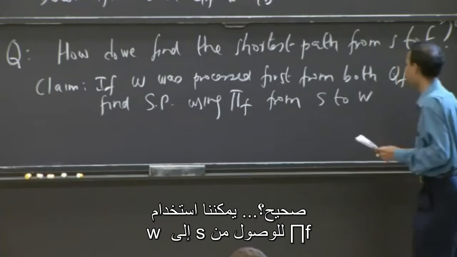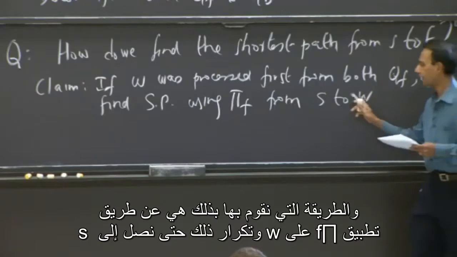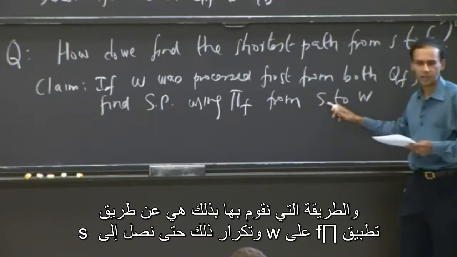So you can use pi f to get from S to W, and the way you do that is by applying pi f to W and then keep applying it until you get to S.